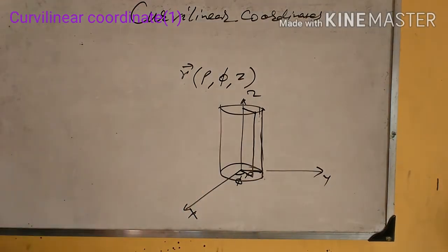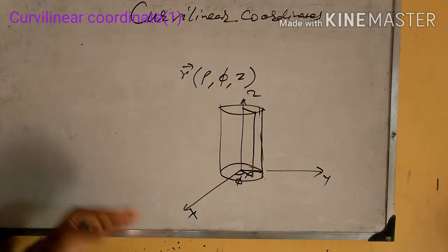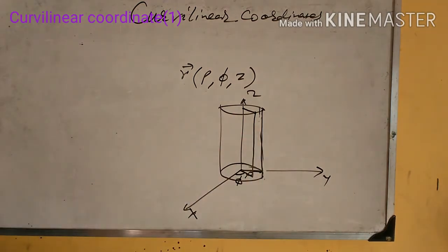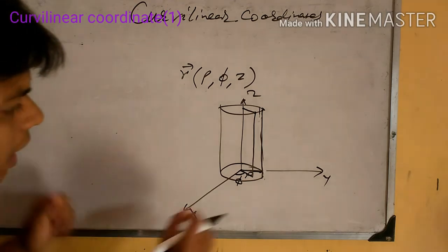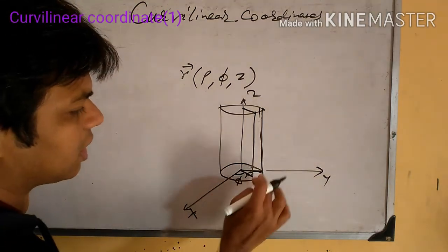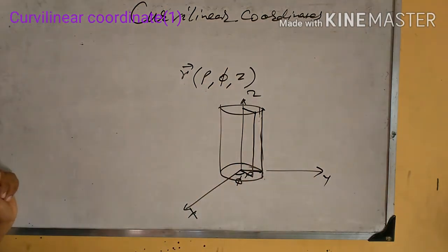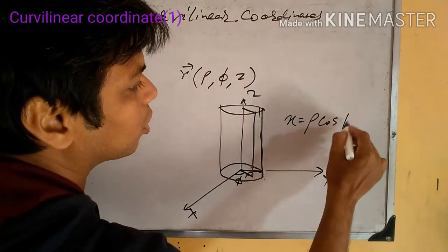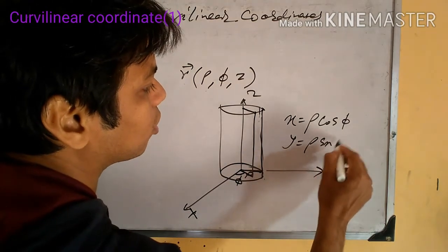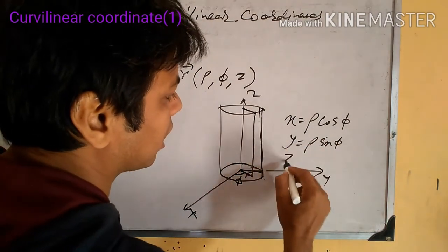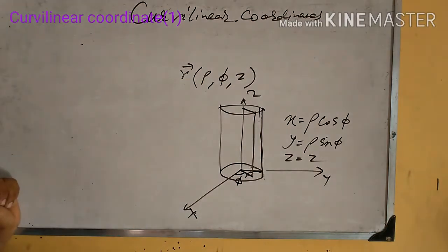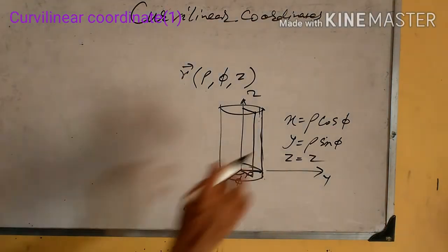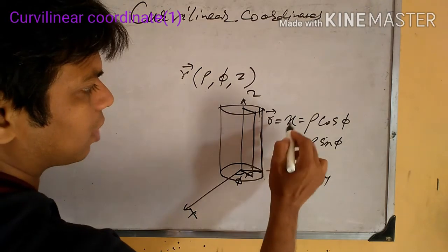So these are the descriptions of x, y and z related with rho, phi and z. As the cross section is circular, obviously we can write x equals rho cos phi, y equals rho sin phi, and as z coincides with the Cartesian z, z equals z here.